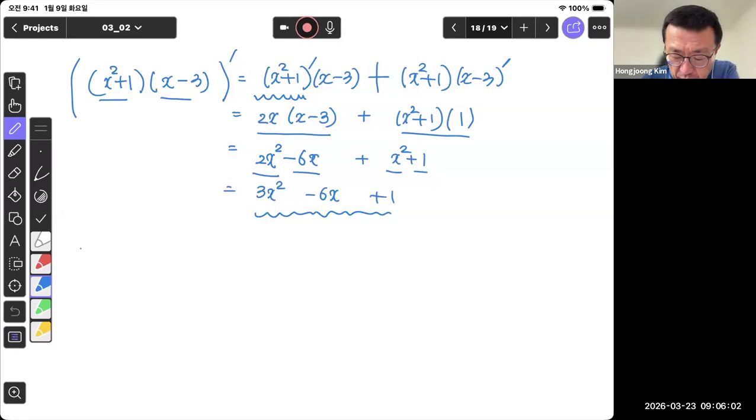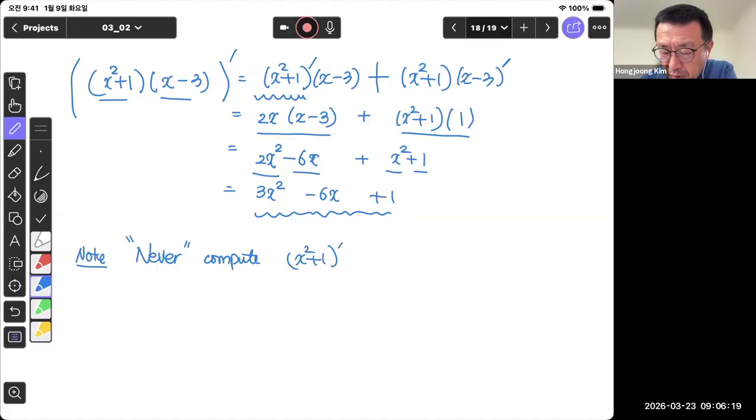Okay. Note, never, okay, compute the derivative of x squared plus 1 multiplied by the derivative of x minus 3, which is totally wrong result.